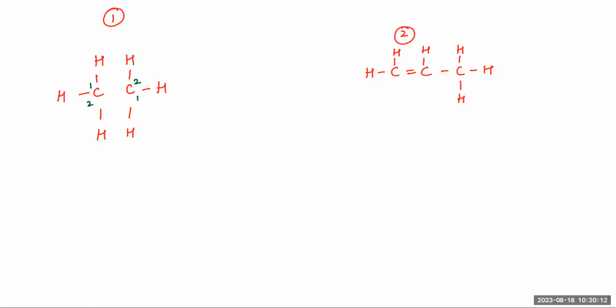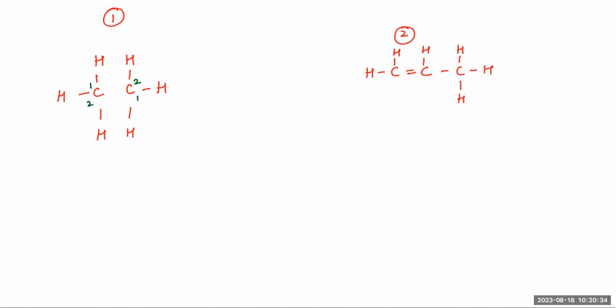So here I've named these carbons in two different ways, one from the left side and one from the right side. One is termed as forward, which I have started from the left, and the second one from the right is called the backward numbering. So let's talk about the backward numbering later.